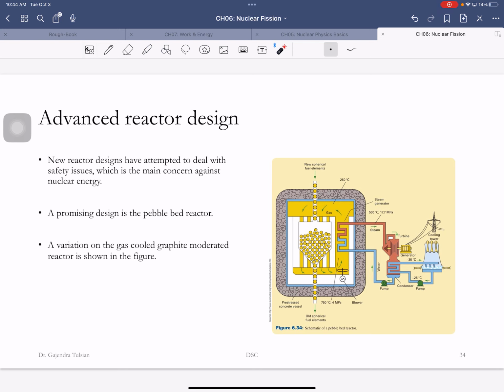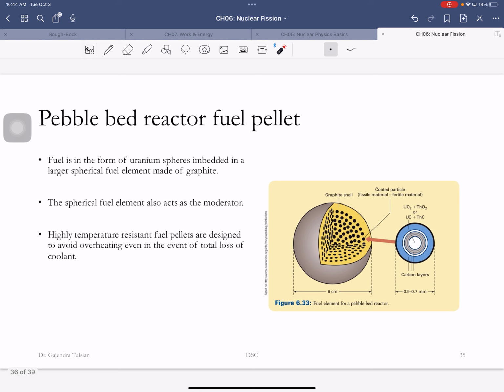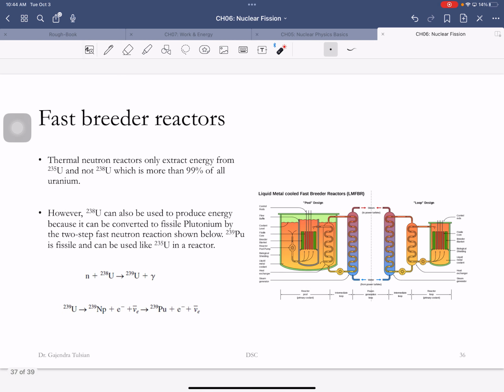And this heat is transferred to water here. So this is a pebble bed reactor fuel element. You can read that. Again, this is a sodium cooled, liquid metal cooled fast breeder reactor. Again, nothing to dissociate and explode. So there are some of the designs.